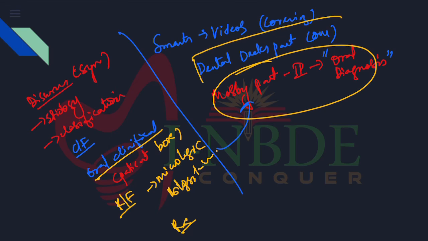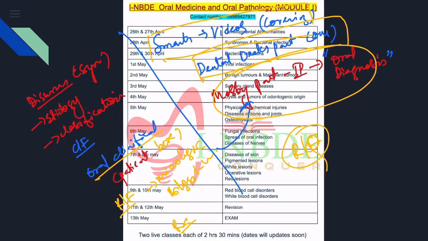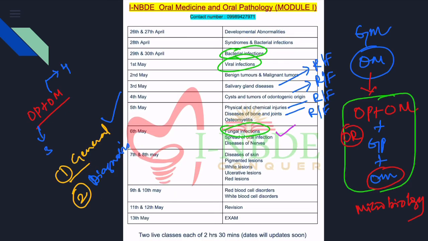So these are the 2 mandatory things I want you guys to do in round 1, and integrate them with the smart videos. That is more than sufficient. For every topic listed in the previous slide, we try to provide as many MCQs as possible, and specifically I'll try to add RQs, the recent questions taken from different sources. And of course, as I already mentioned, you have 2 live classes of 2.5 hours each.